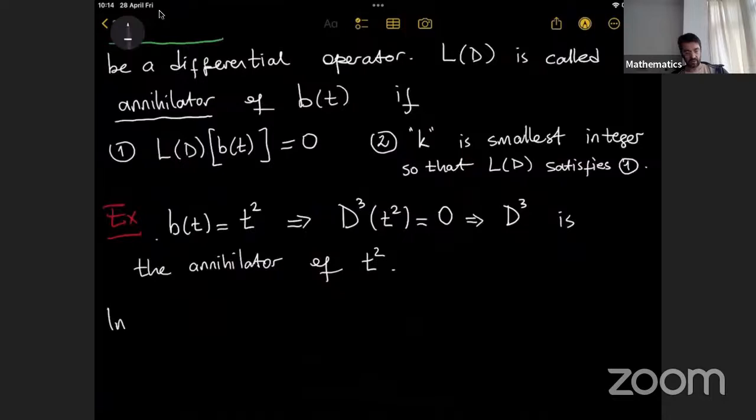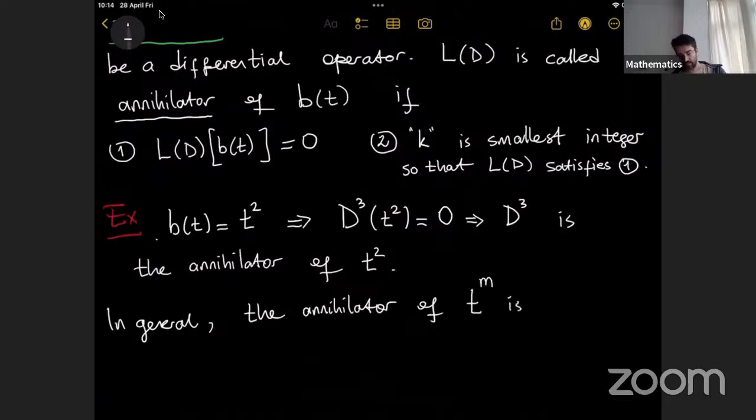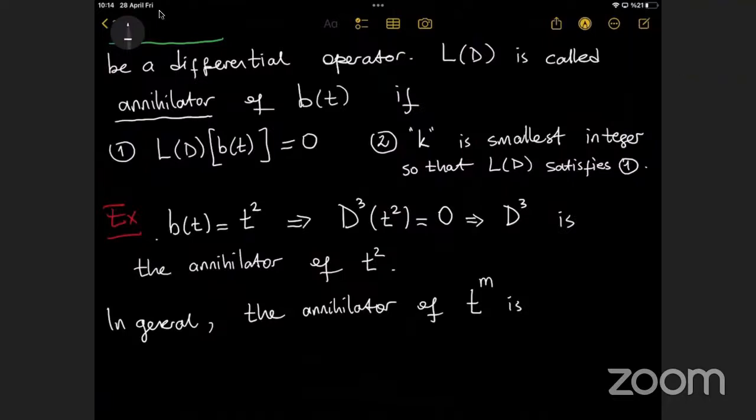Well, in general, you can guess this. What is the annihilator of t to some power, let's say m? The annihilator of t to the m is, what's your guess? m plus 1.